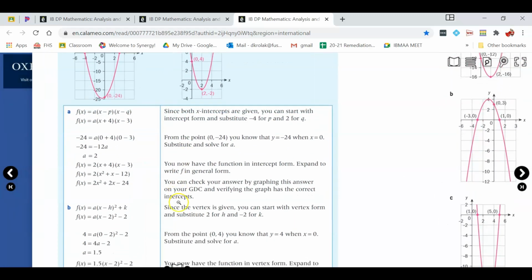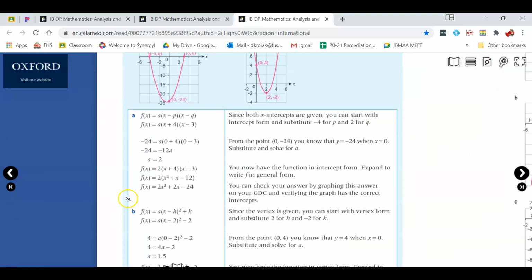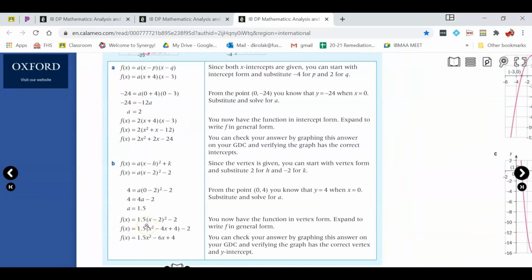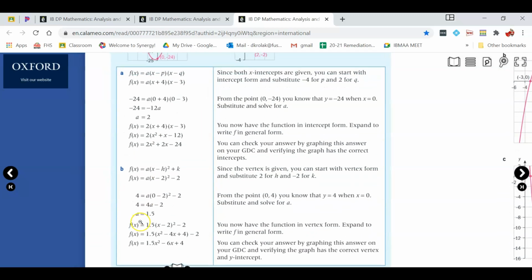And then here's the level of work that I would expect from you, the work that is shown here in the left-hand column. That tells me you're communicating how you got the answer, and that's what I expect. You don't need to have the written explanations that are off to the right here.